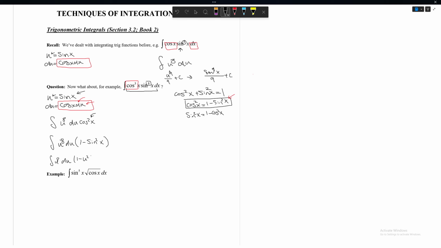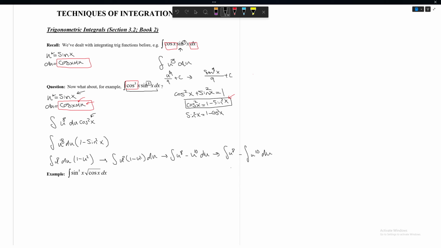1 minus u squared. Now if I just rearrange this, I'll get u to the 8, 1 minus u squared du. And I can FOIL. So I'll get u to the 8 minus u to the 10 du. And from here on out, you can just integrate separately, like the integral of u to the 8 minus the integral of u to the 10 du.